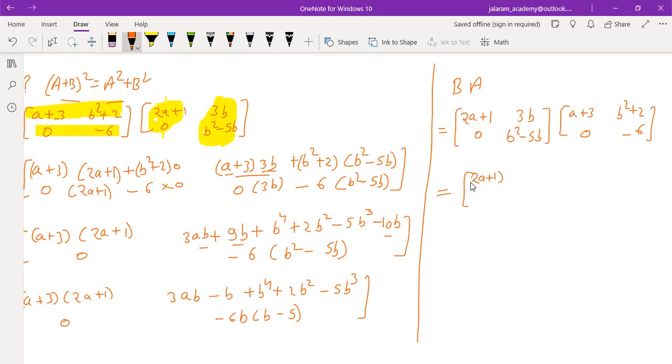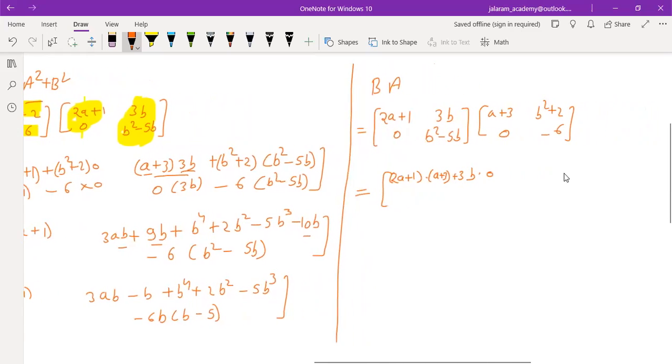So first row is 2A plus 1, 3B, and first column is A plus 3, 0. Again, first row 2A plus 1, 3B.